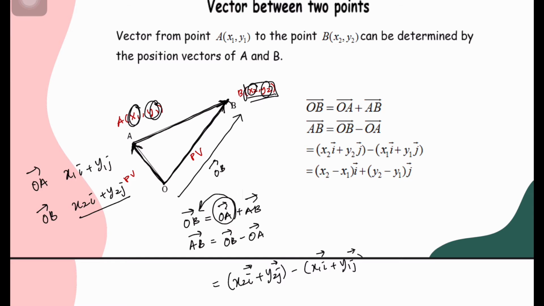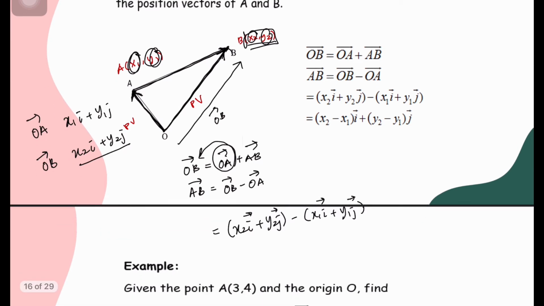Okay, so we just saw how to find this operation. We just subtract x2 and x1, which belong to the vector i, plus y2 minus y1 for the component vector j.